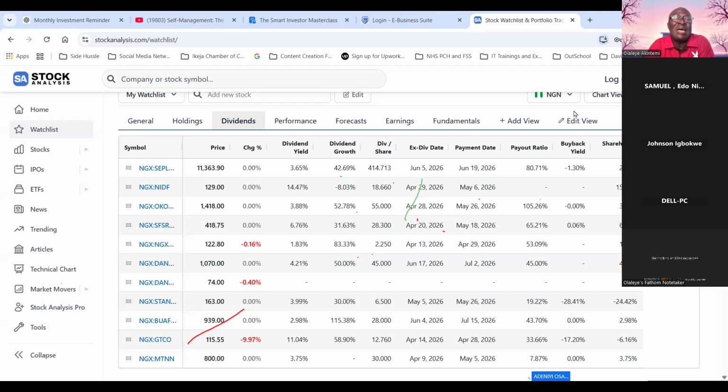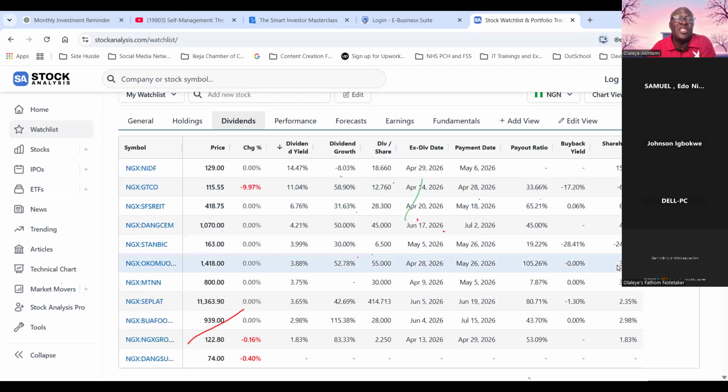But if you want to determine which stock is most profitable to you as an investor, the key information you should be looking for is the dividend yield. Which one pays the highest dividend yield? Dividend yield means for every 1 naira that you invest in that stock, you are getting back this percentage of dividend.